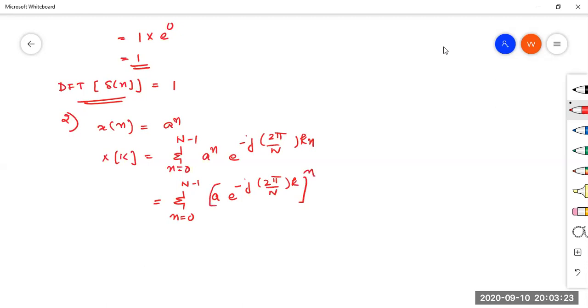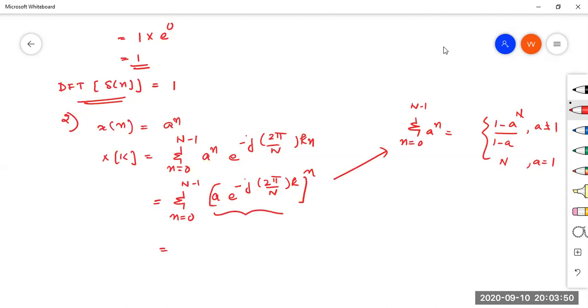Now this is similar to the formula summation n equal to 0 to N minus 1 a raised to n is equal to 1 minus a raised to N divided by 1 minus a for a not equal to 1, and equal to N for a equal to 1. So when you compare, this term is in the place of a.